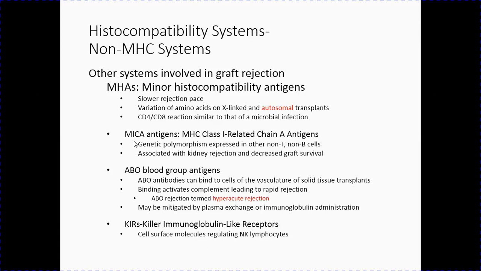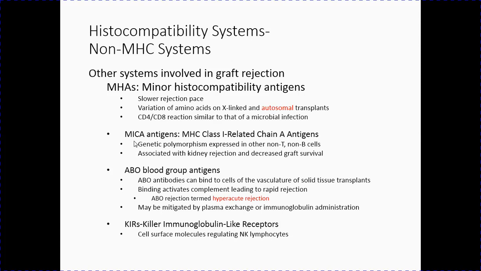You can have blood group antibodies from the donor to the recipient that will bind to the vasculature of the tissue or the transplant, causing an antibody-antigen reaction in the vasculature. What do we know that does? We know that activates complement, right? Leading to really rapid rejection of the organ or the tissue.